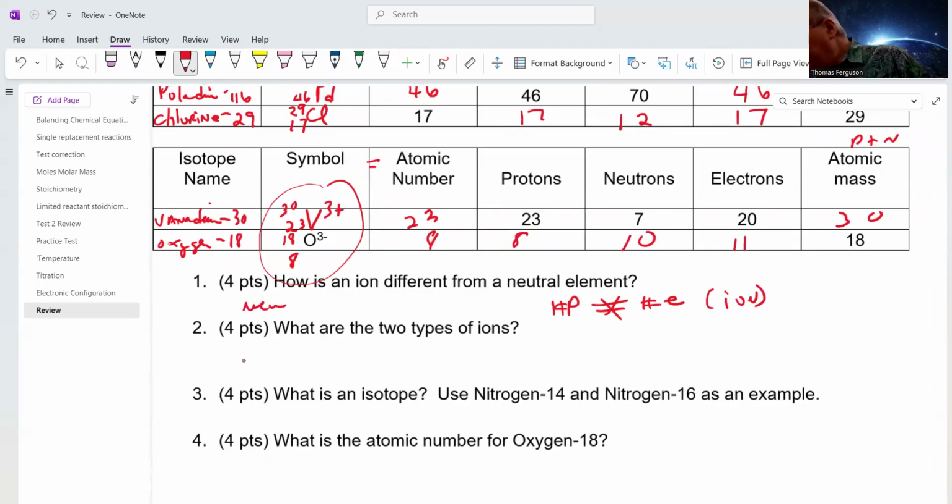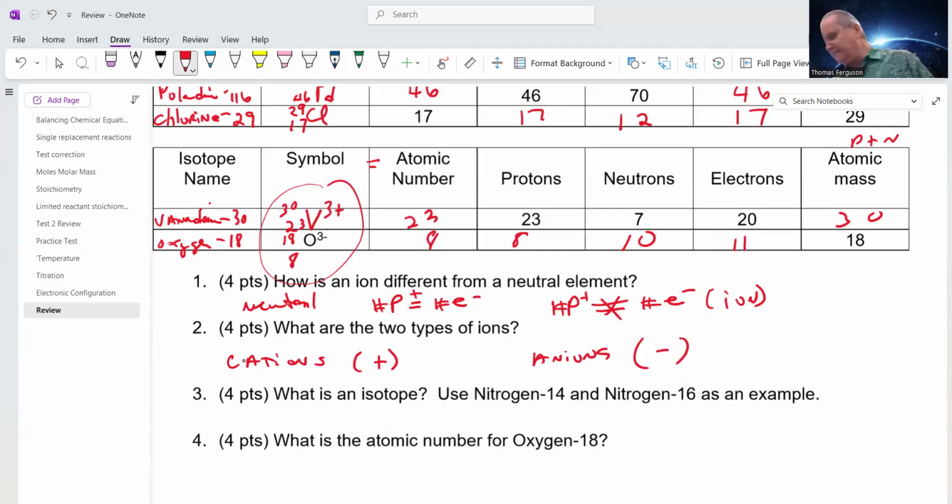And for neutral, protons equals electrons. What are the 2 types of ions? Cations, positive, and anions, negative.